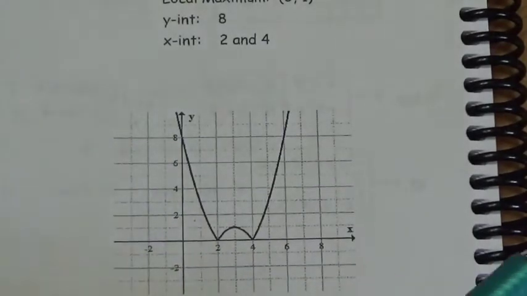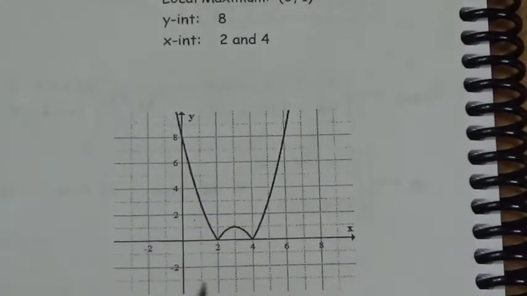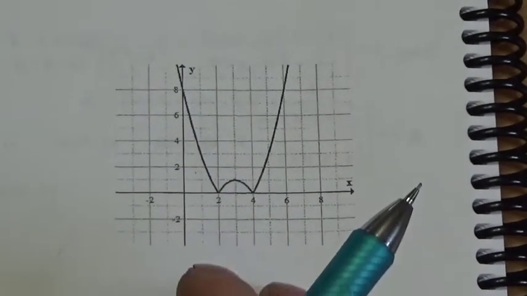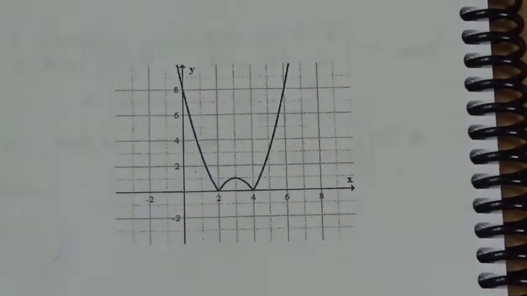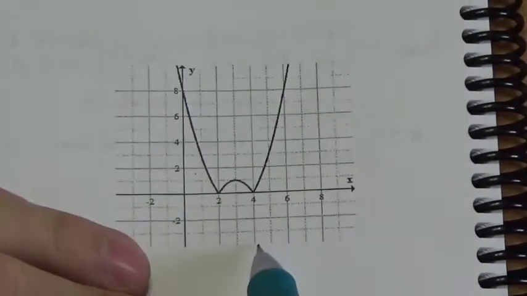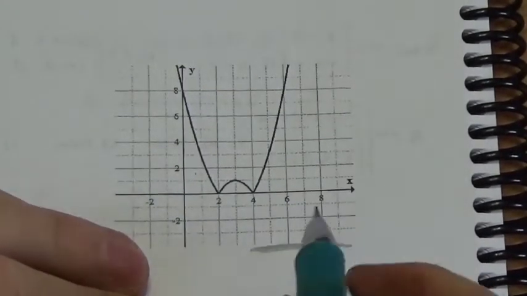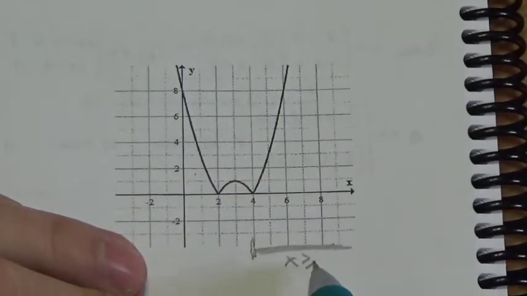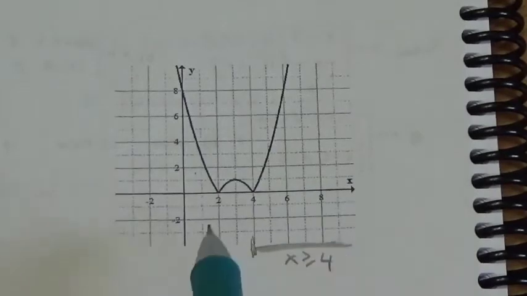Now I want to take us one step further with this, and we're actually going to see what happens with the piecewise function. Now, in the previous lesson, you'll remember that I broke up the intervals along the x-axis. We've got a couple of intervals here. This right here, from this x-intercept on, is where x is greater than or equal to 4.